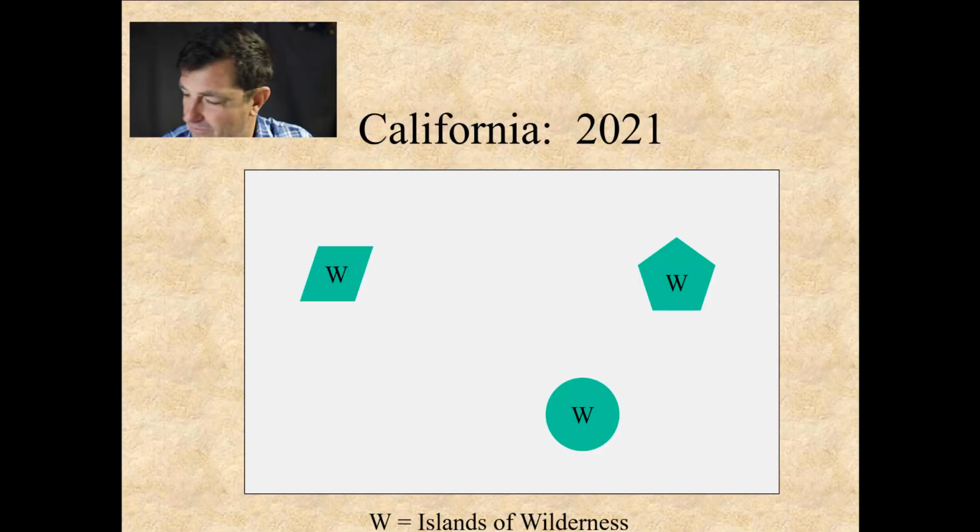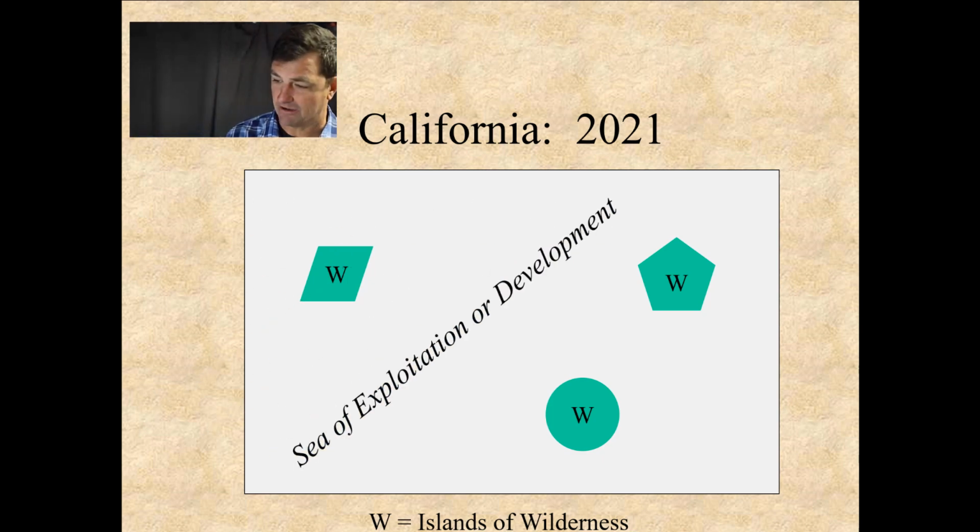So anyway, if you have a look at California today, it's a very different picture. And basically what you have now is these little pockets of wilderness, and those are surrounded by a sea of exploited or developed habitat. So it's almost the inverse of what it was like in the 1800s.